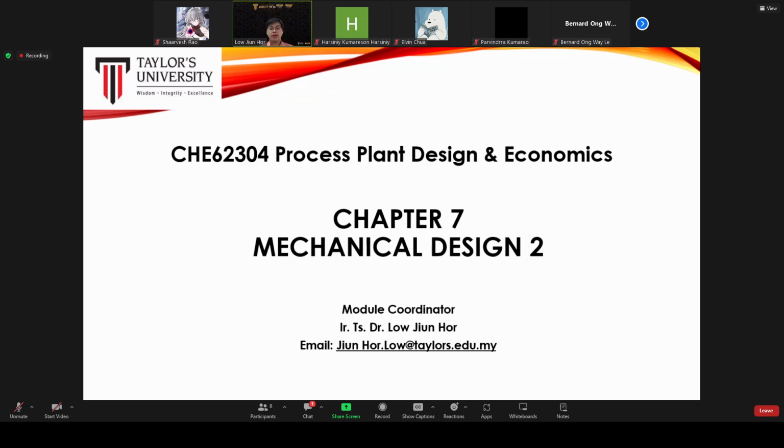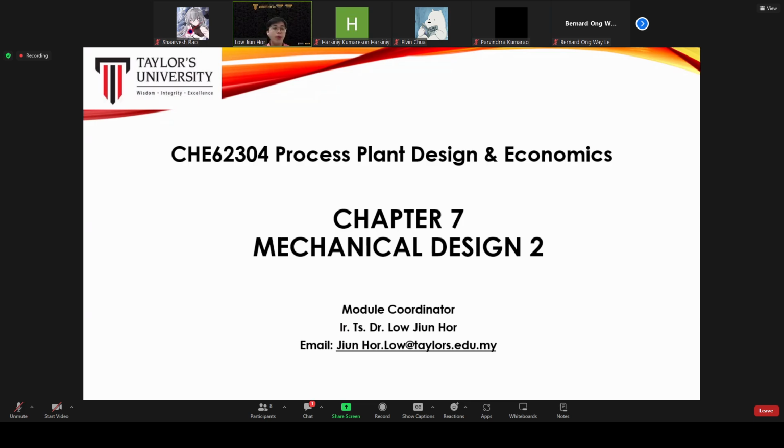Today we will proceed to chapter 7. In last week's lecture and tutorial, we learned how to design the thickness of the pressure vessel to make sure it is strong enough to support the internal pressure. Remember, internal pressure means the operating pressure.